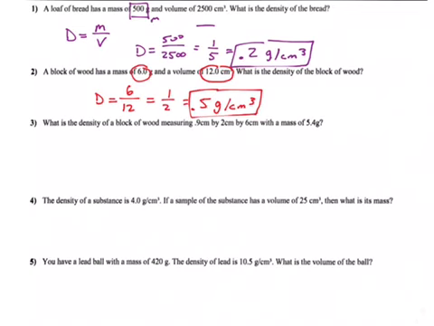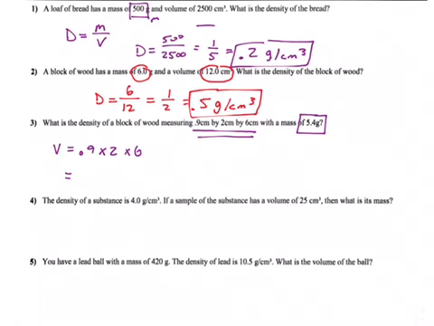What is the density of a block of wood measuring 0.9 centimeters by 2 centimeters by 6 centimeters, and that has a mass of 5.4 grams? They gave us the mass, but we need to find the volume using these measurements. It's a block of wood, so we're assuming it's a rectangular block. To find the volume, we just multiply all these together, because the base would be 0.9 times 2, and then times the height, which is 6.